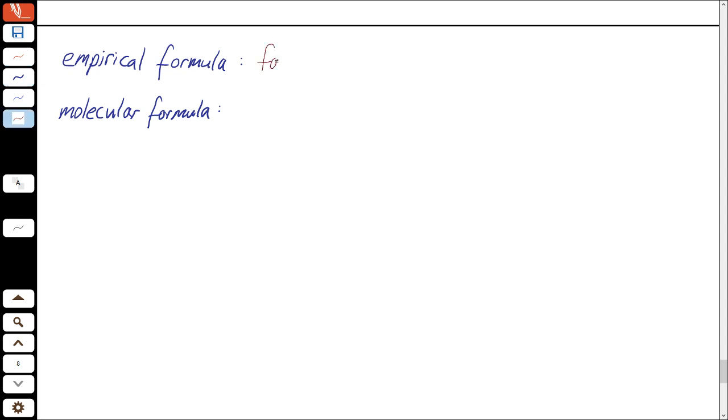Empirical formula is the formula with the smallest whole number ratio of elements.